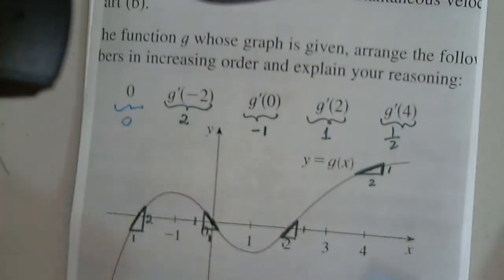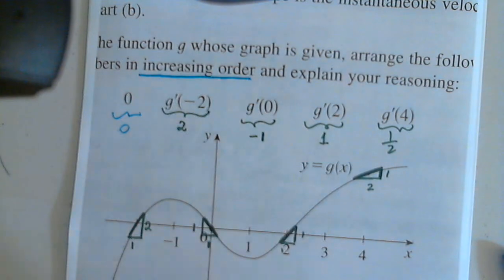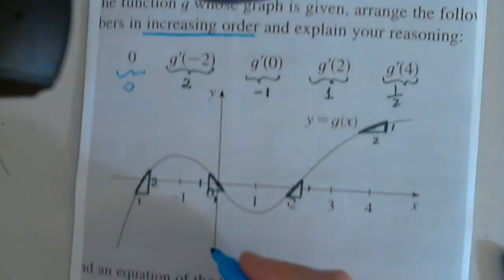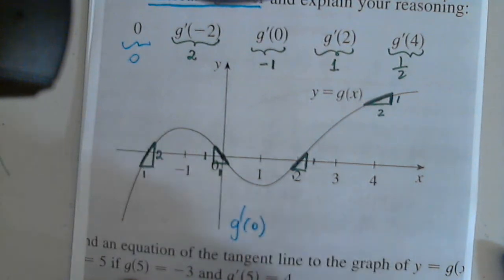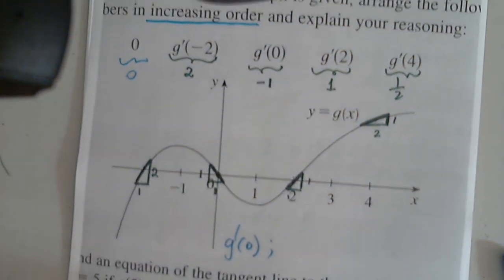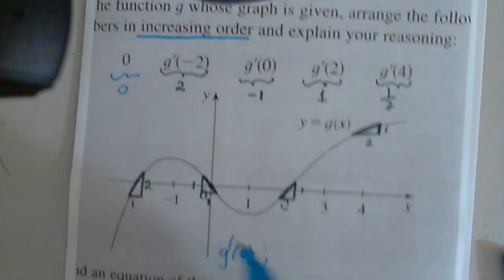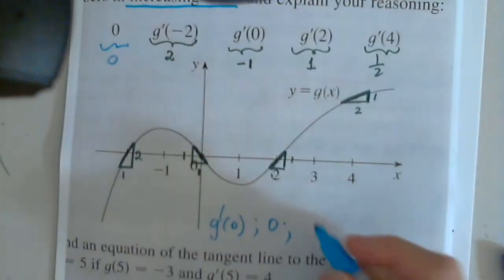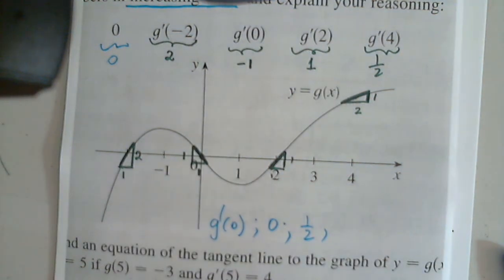So now they want us to arrange them in an increasing order. So obviously -1 will be the first. So I'm going to say g prime of 0 is first. Then I will continue with 0. Then I will continue with 1/2. Oh, I meant to write the number.